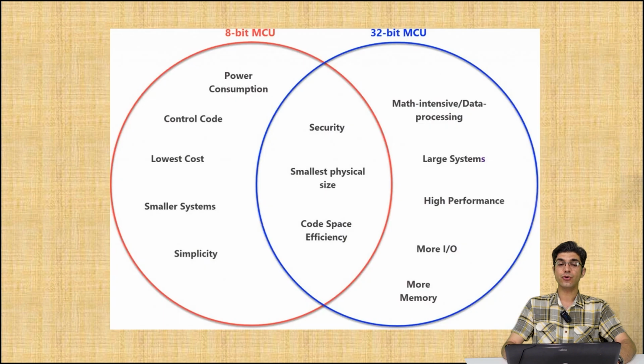The next slide shows you the difference between 8-bit and 32-bit. Of course, the differences are cost and simplicity and things like this, all of which favor 8-bit in the first stage, and 32-bit is used for large systems that can do any mathematical processing, with more I/O, more memory and so on.